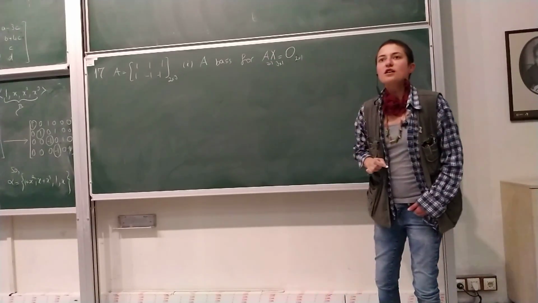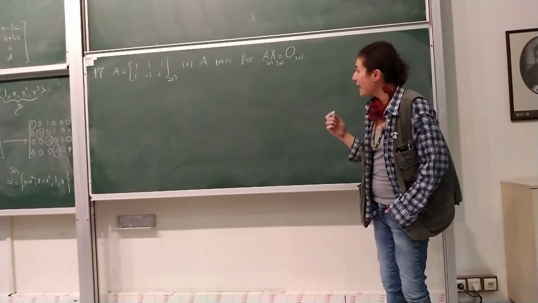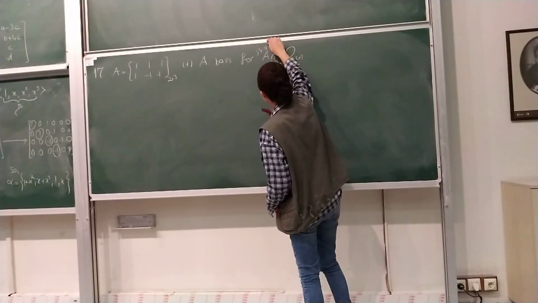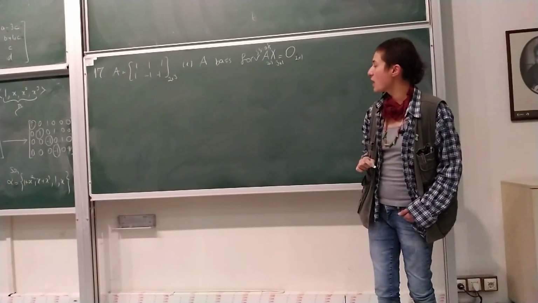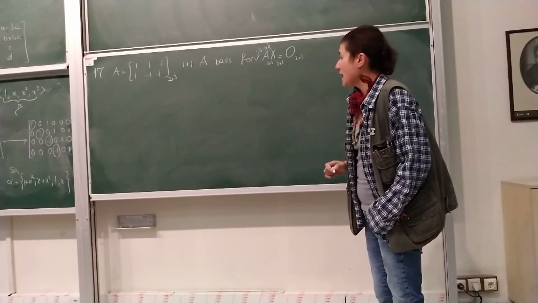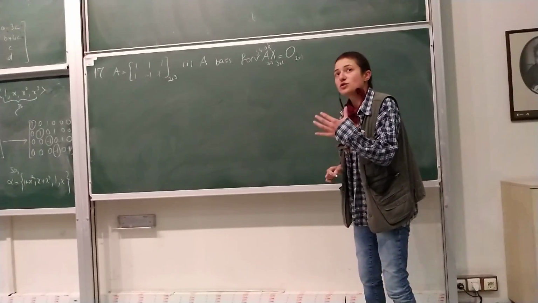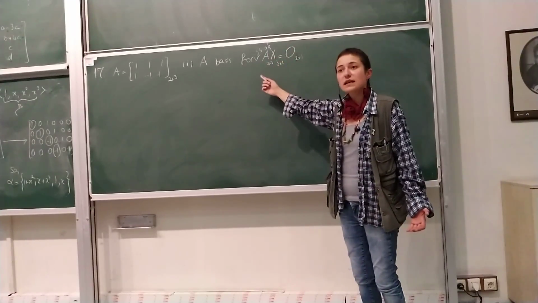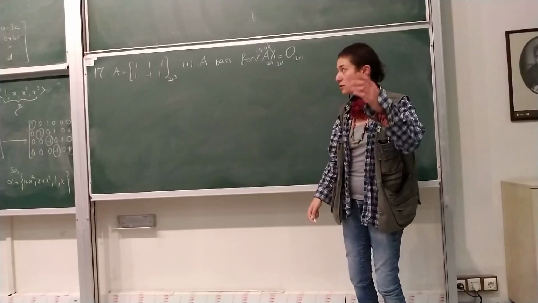Okay? So finding a basis for the solution space of whatever. I didn't write the problem info. Okay, the thing I need to do is find the solution set of AX equals 0. The solution set is a subspace. Prove it.